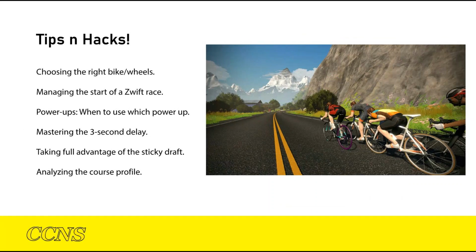Luckily, since Zwift is this huge community of nerds that love to look at data, both power wise and speed wise, you can literally do Google searches of, for example, fastest TT bike on Zwift.